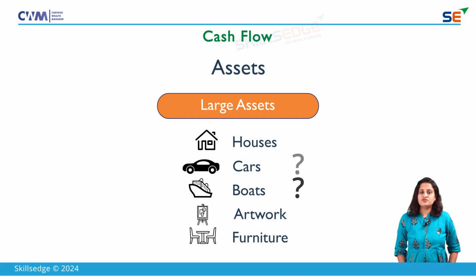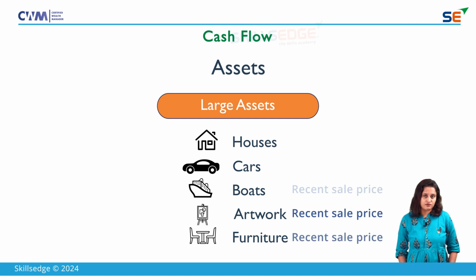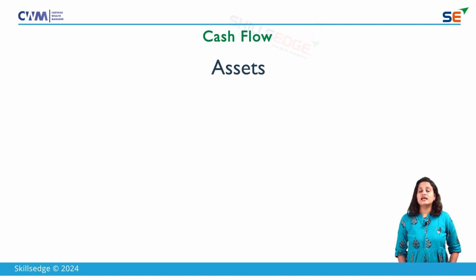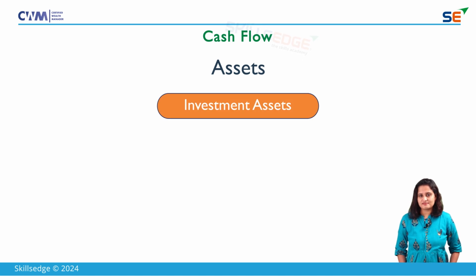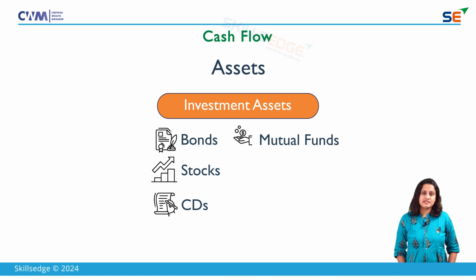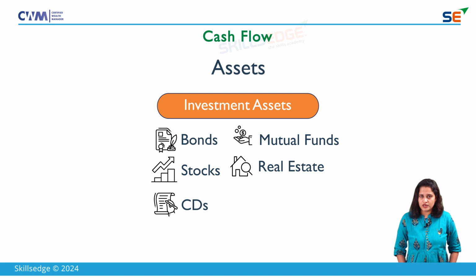If it is difficult to find the market value, use the recent sale price of similar items. Next is investment assets. Investments include bonds, stocks, certificate of deposits, mutual funds, and real estates. You should record investments at their current market value as well.